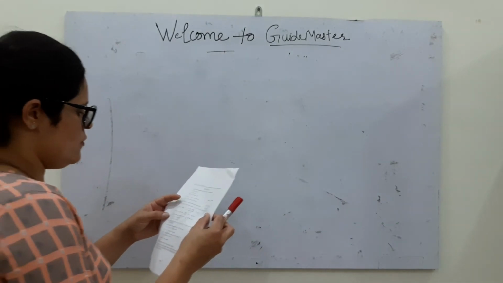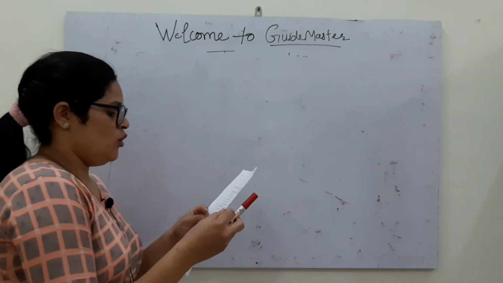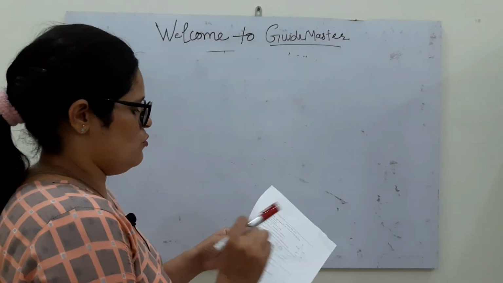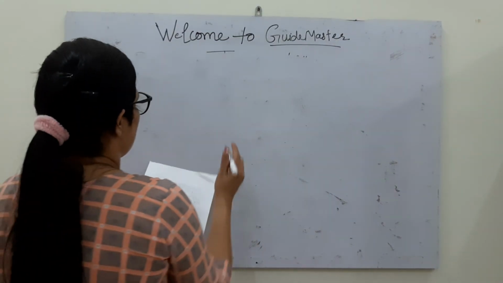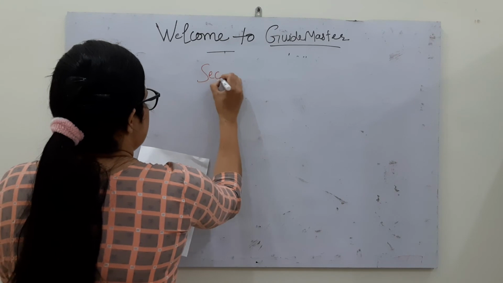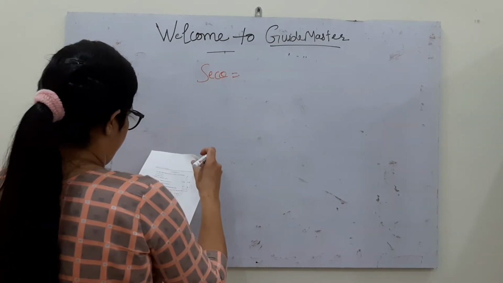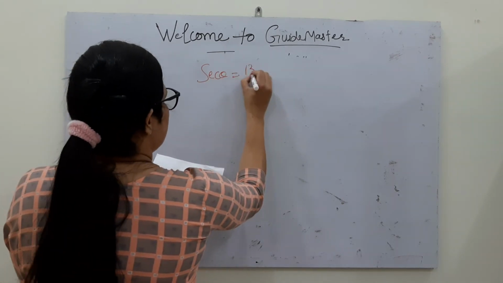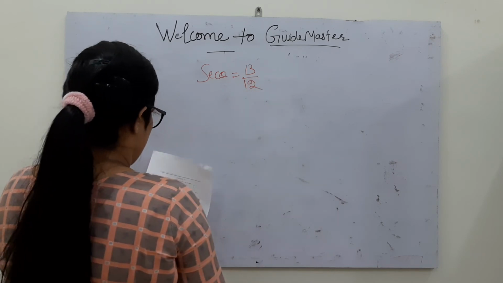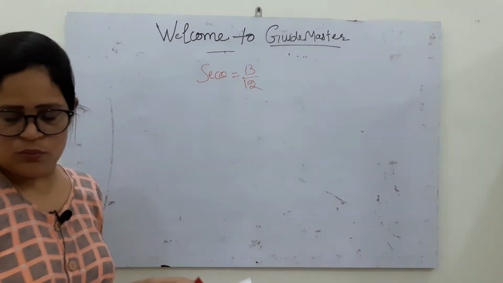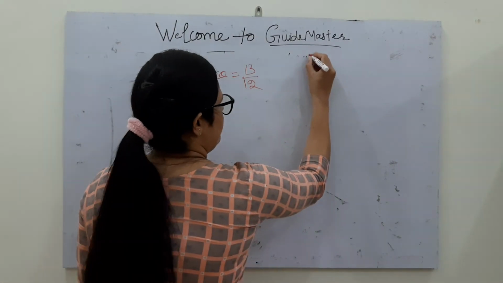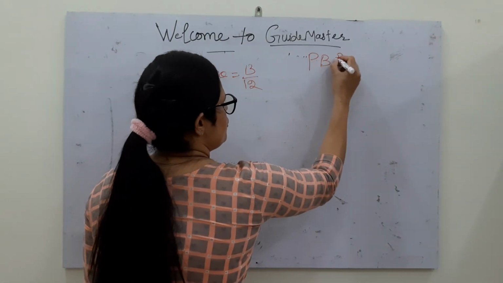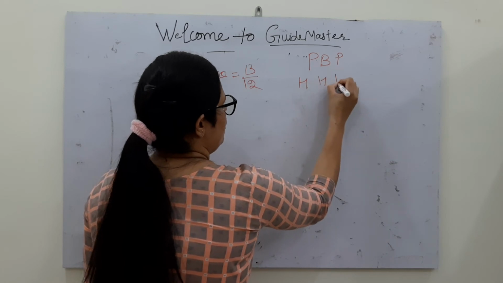In the fifth question, secant theta is given, and we have to calculate all the trigonometric ratios. Secant theta is 13 by 12. That is given. We calculate all the other trigonometric ratios.